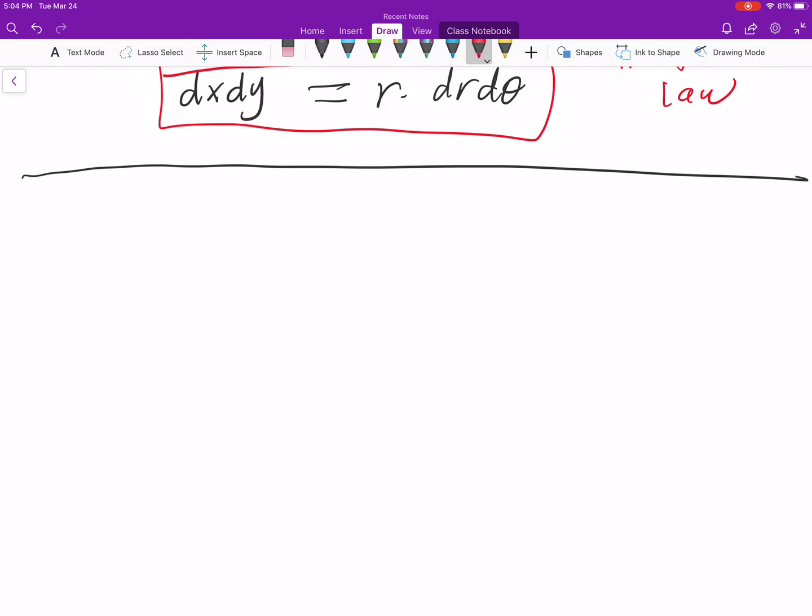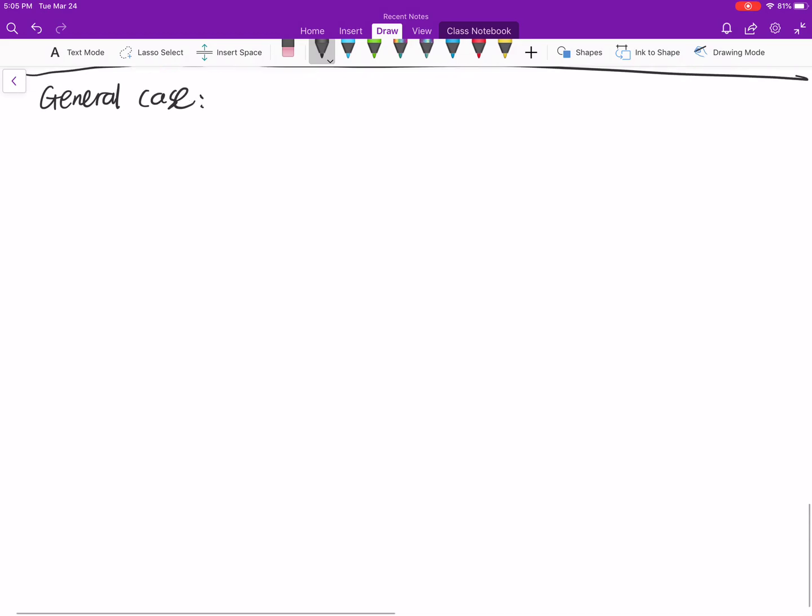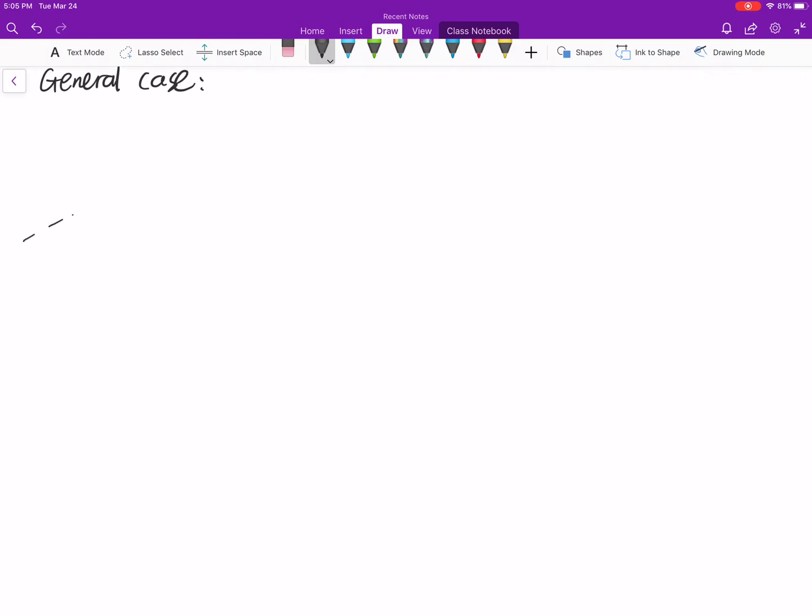Okay. As we said, this is the easiest case, but now let's do the general case. Suppose now you have a region in this shape.